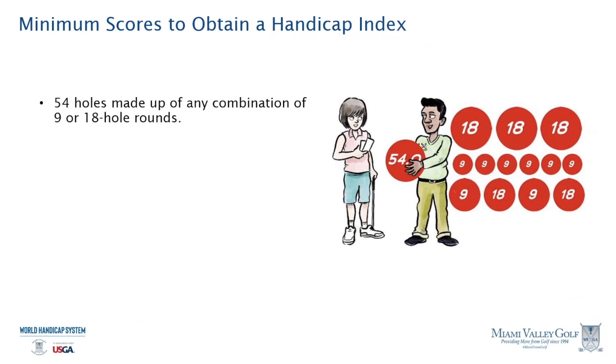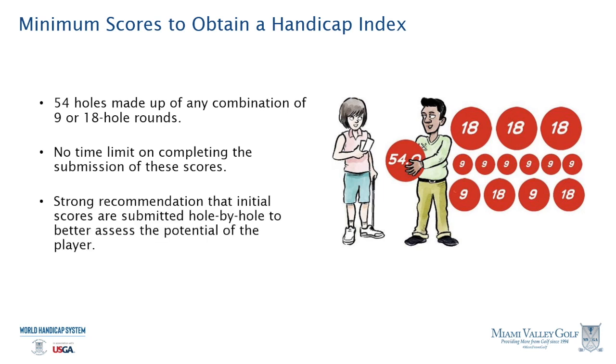Okay. It's going to take fewer scores to obtain a handicap index. It used to be 5 18-hole rounds. Now it is 54 holes in any combination. Better. Still not perfect, but better. There's no limit as to how long it takes for them to get those 3 scores.